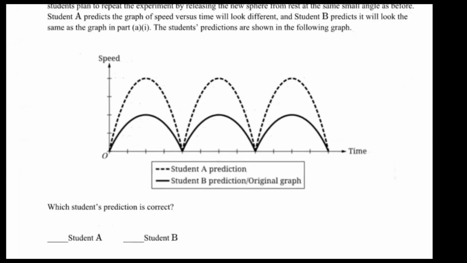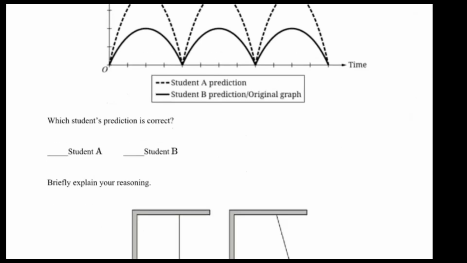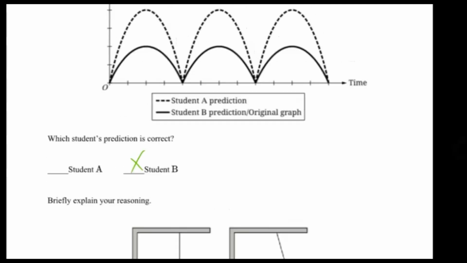So they have two predictions. Student A thinks that the speed will be much greater, in that same simple harmonic motion movement. Student B's prediction is that it's the original graph and nothing will change. So the answer here, let me just change colors, is student B.